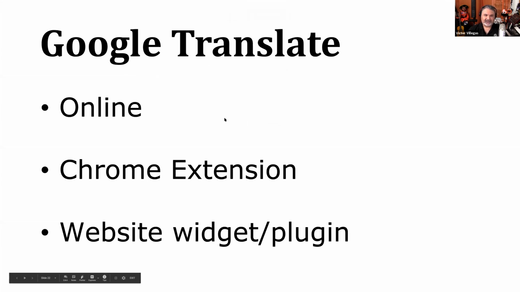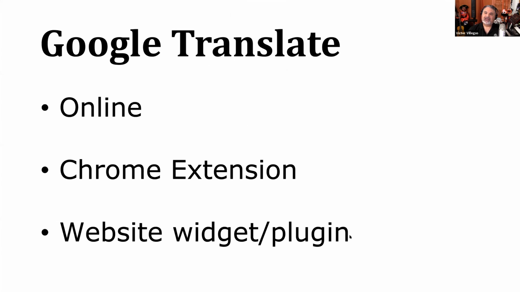So Google Translate, you can do that online. There is a Chrome extension, which you can actually turn on and translate for yourself, like web pages, things that you're looking at. And then there's also website widgets and plugins for Drupal and WordPress.